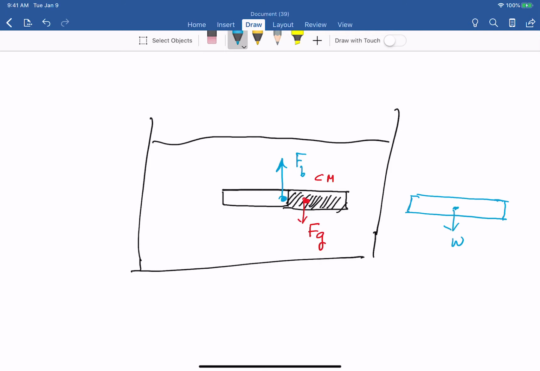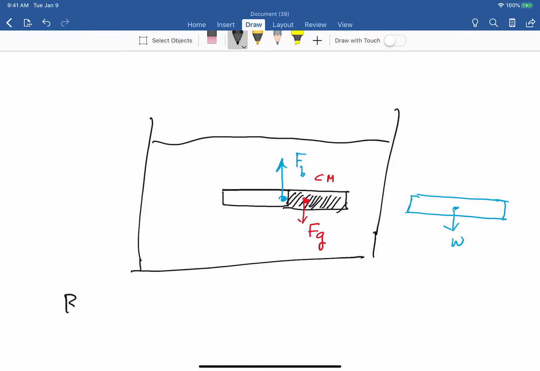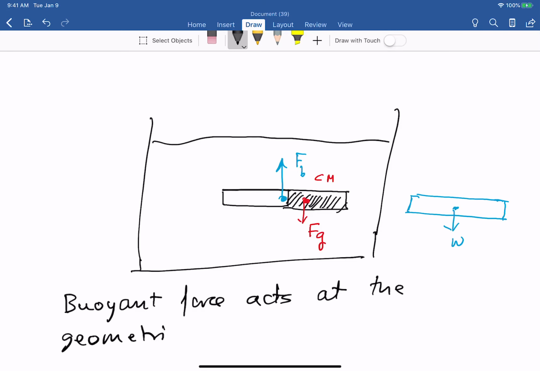So our very important takeaway from here is that the buoyant force acts at the geometrical center of the object. It does not act at the center of gravity or center of mass of the object. It acts at the geometrical center of the object. Okay. This has many consequences.